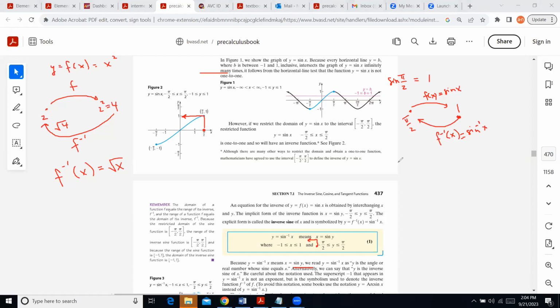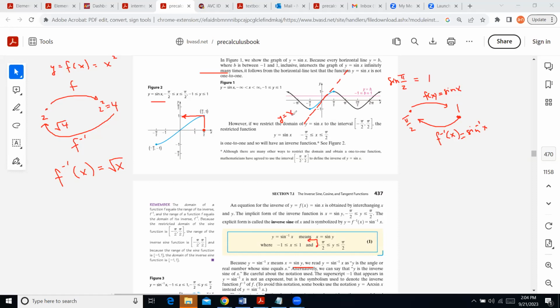Please notice, actually, that's a sine function. Where's the inverse function? It has to start at 1 and return you back to pi over 2. Well, it turns out that the inverse function always takes your graph and reflects it through the line y equals x.